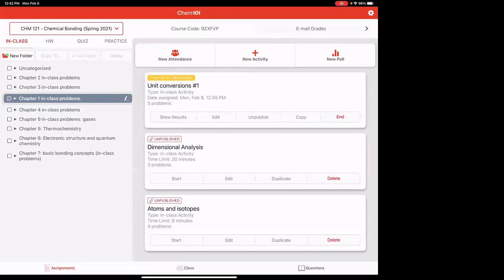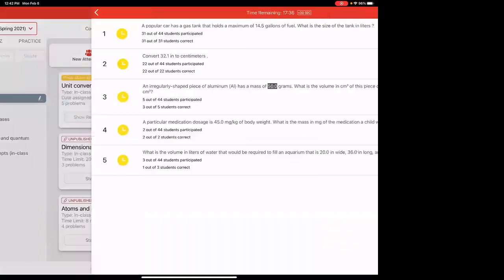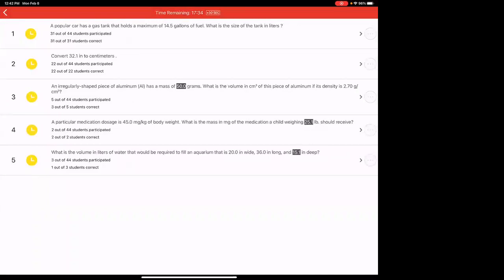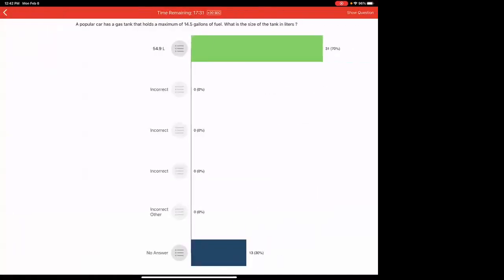Like I said, it's intuitive once you've used it a little bit. The other cool thing we can do is show the results here as we go. I can pop over and see that 31 people got the first one right because we did it together.